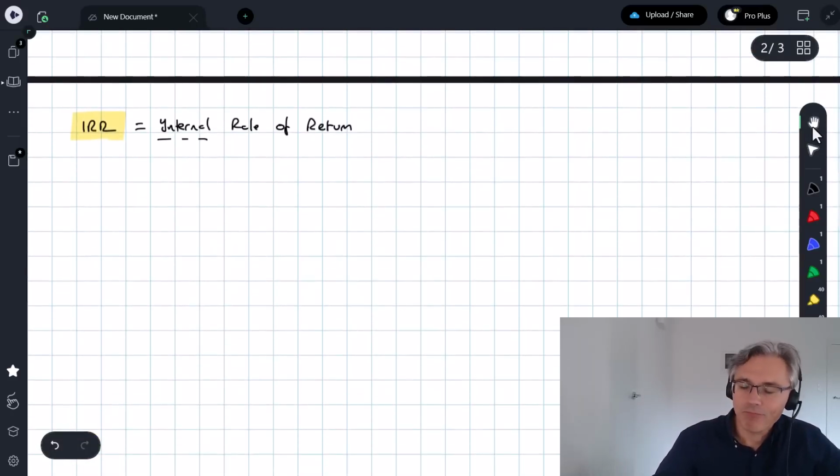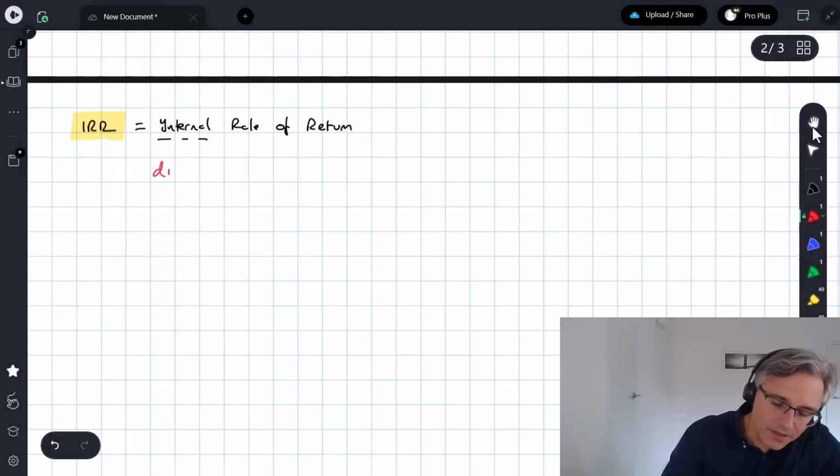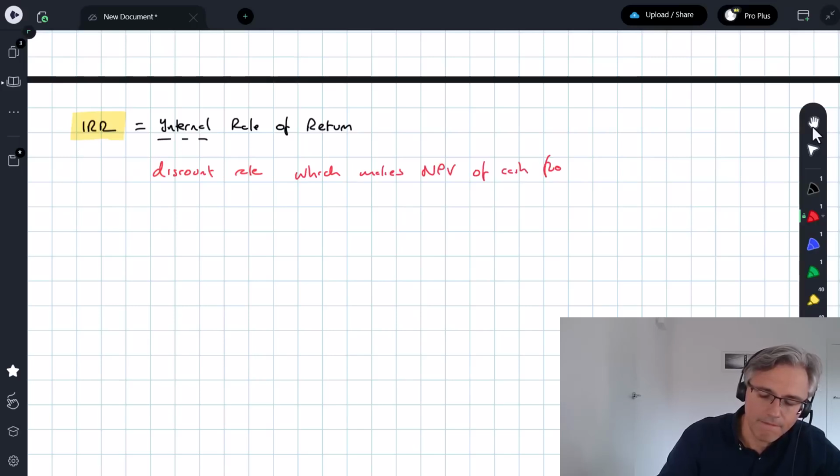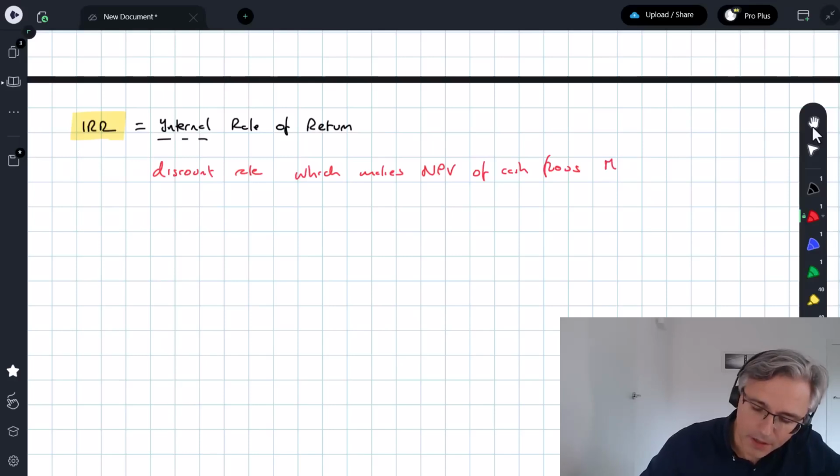So this is going to be the discount rate which makes the NPV of the cash flows, obviously minus that initial CF0, the initial cash outlay, equal to 0.